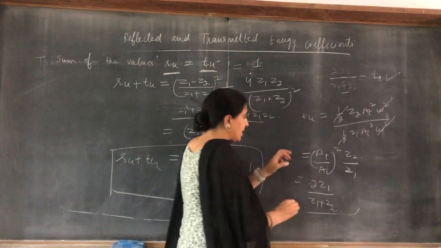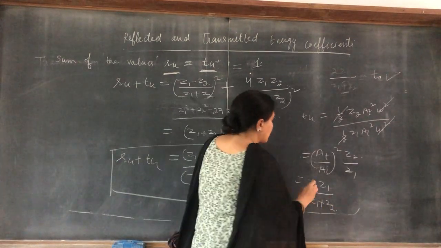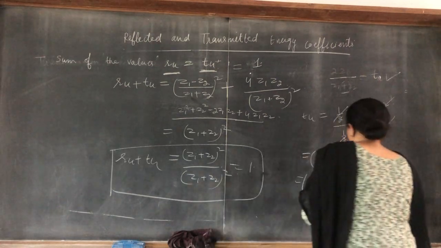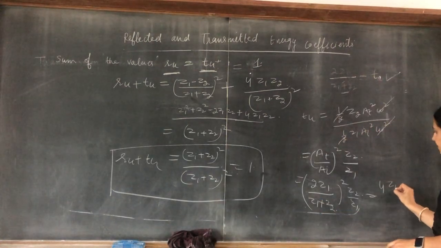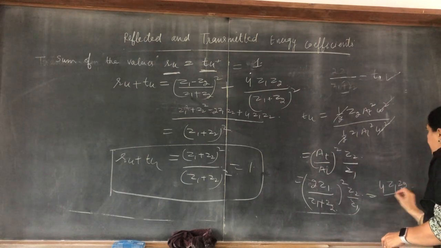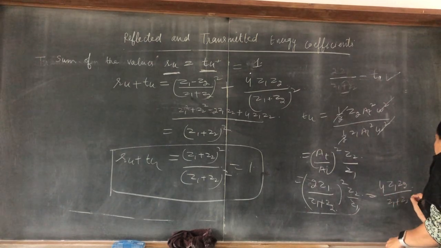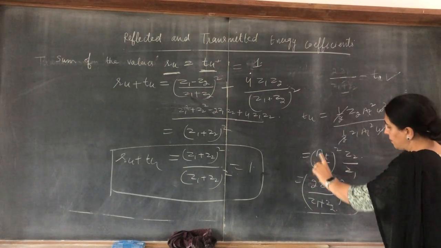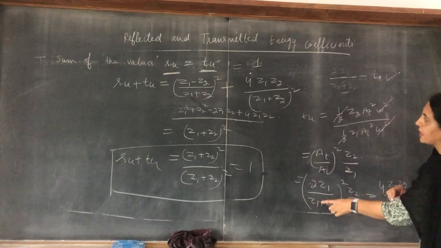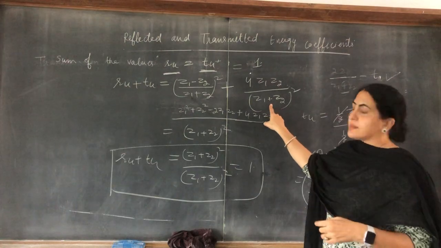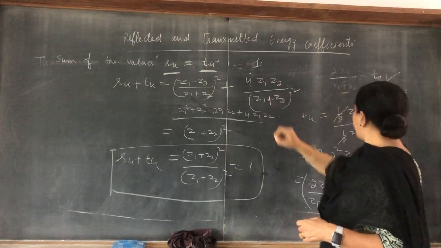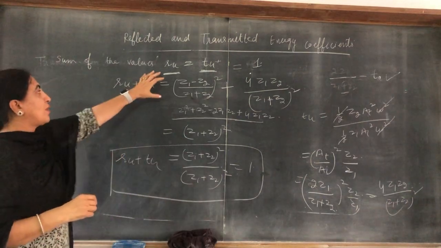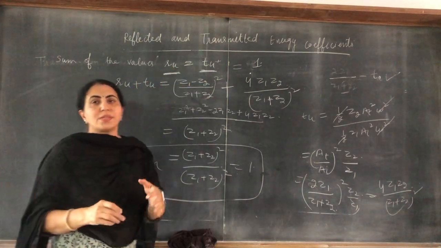Here there will be a plus sign. So square into Z2 over Z1 will be equal to 4Z1 Z2 upon Z1 plus Z2 whole square. This is the transmission coefficient, and from this you can say that the addition of Ru and Tu is unity.